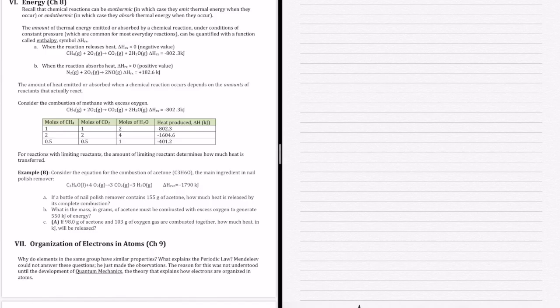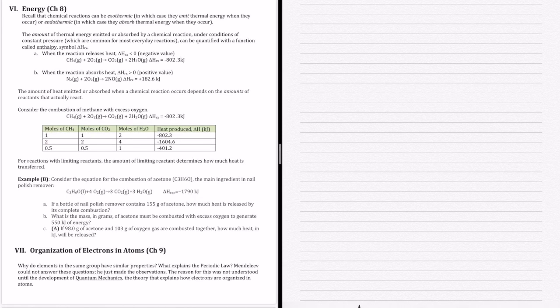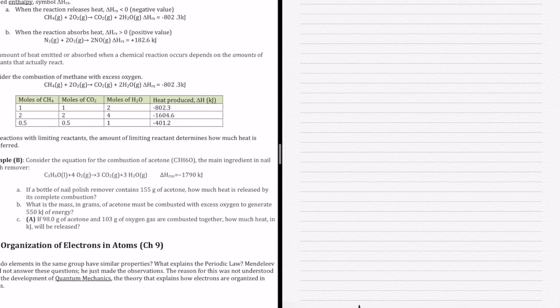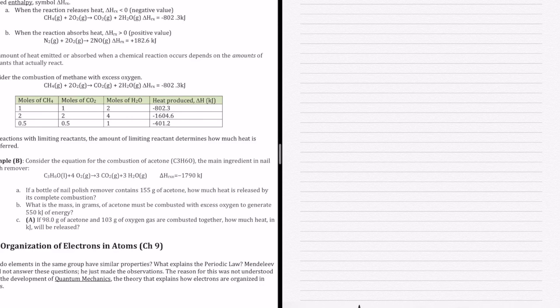Okay, let's take a look at an example of how to calculate the amount of energy released or absorbed by a chemical reaction. We're going to look at an example of a combustion reaction shown here, where C3H6O reacts with oxygen to produce carbon dioxide and H2O. The original reaction as written releases 1,790 kilojoules of energy.